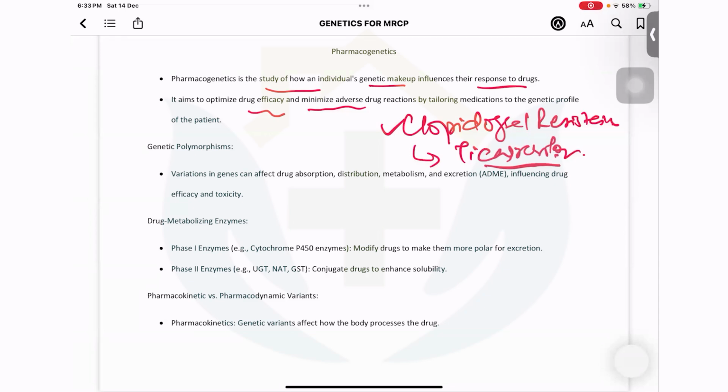Yes. And then there is another inherited condition which is azathioprine sensitivity.